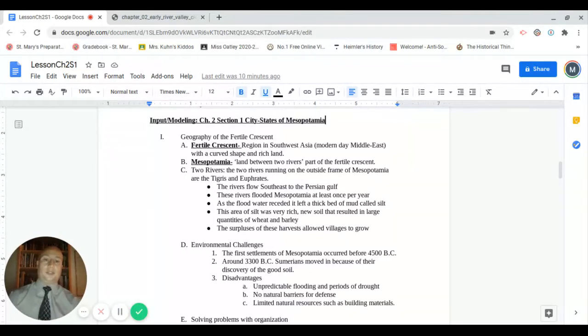Once you have a higher population, you can get specialized workers, as we talked about. And when you have specialized workers, you have advanced technology. So the flooding in the case of Mesopotamia was actually a positive. Now, there are some disadvantages to it that we'll talk about, but all in all, it's a positive theme.